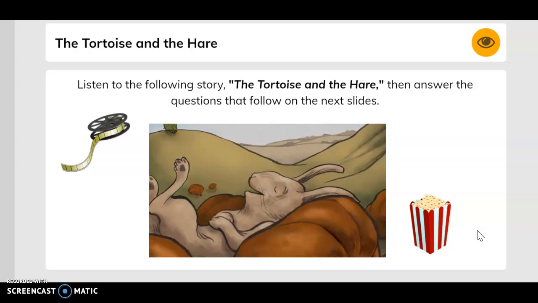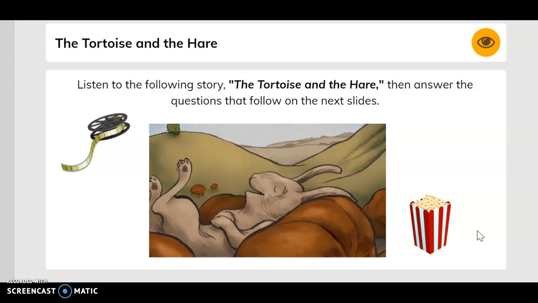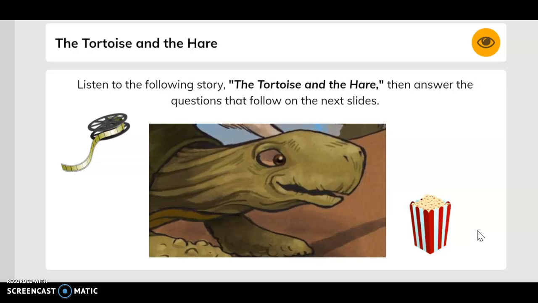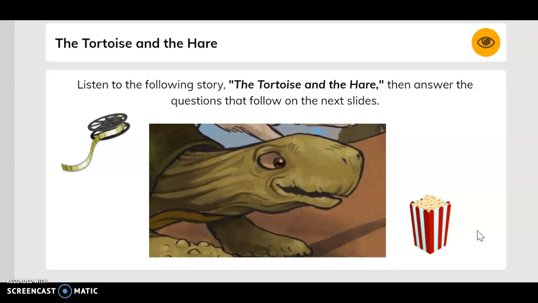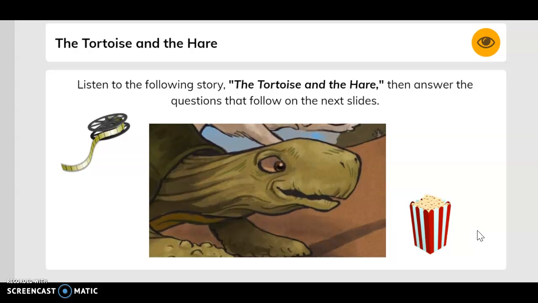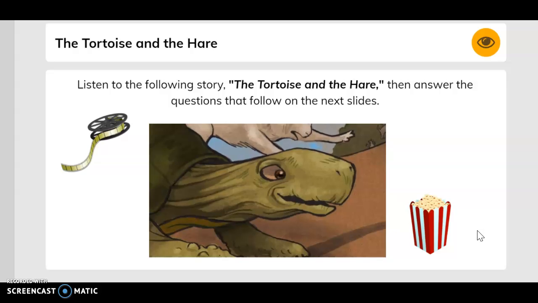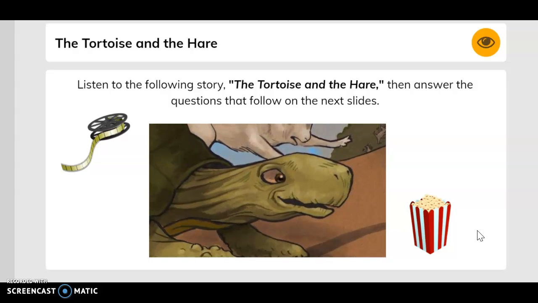But it was a warm day, and it wasn't long before the hare began to feel sleepy. Eventually, he nodded off and began to snore. While the hare was napping, the tortoise kept moving, slowly but steadily. After 15 minutes, he crawled past the sleeping hare. After another 15 minutes, he was within a few feet of the finish line.